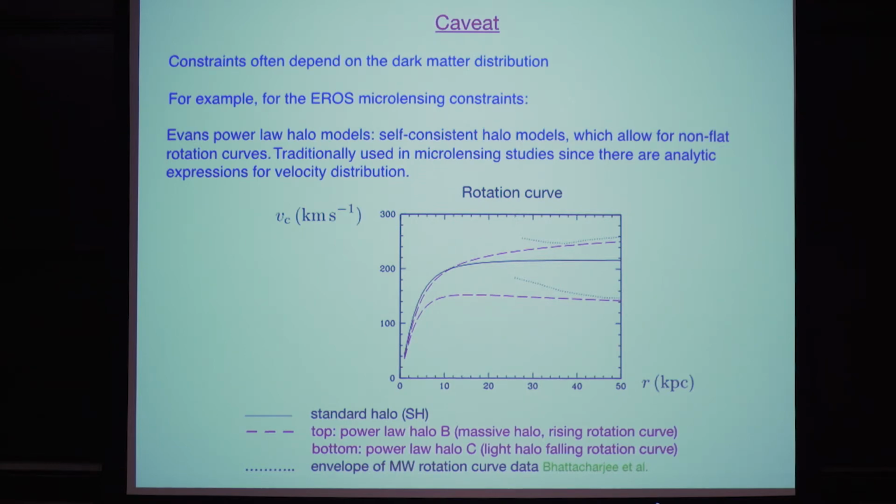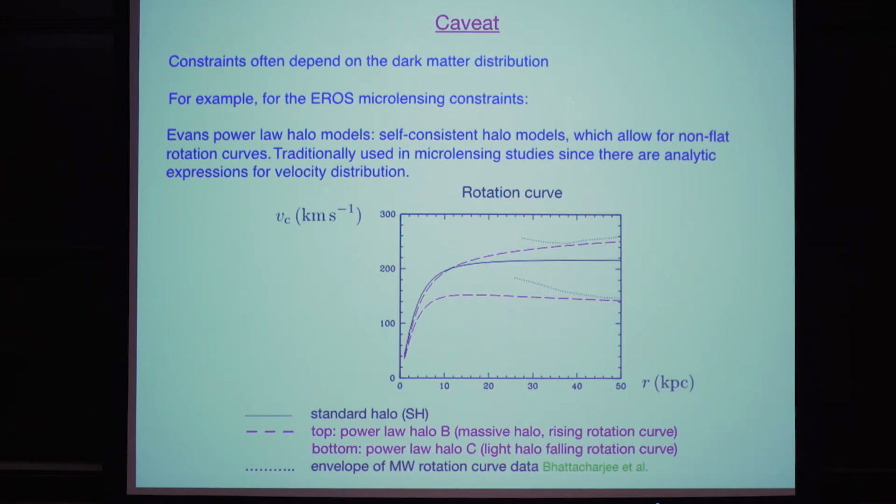To demonstrate that the models I looked at are roughly reasonable, here's a plot of what's called the rotation curve of the Milky Way, the circular speed as a function of radius. The standard halo model that people tend to assume for these calculations, with a Maxwellian isotropic velocity distribution, rises sharply in the middle and then is roughly constant. The actual data at large radii have a lot of scatter, which is confined roughly within this envelope.